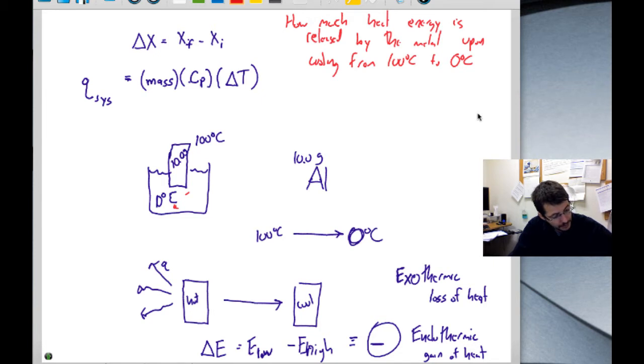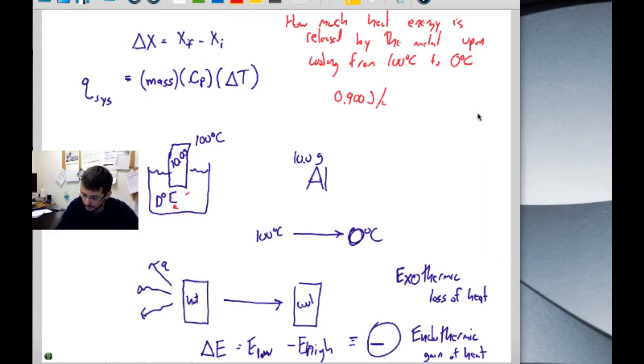We can look up in our table the heat capacity of aluminum, and we see that the heat capacity of aluminum is 0.900 joules per gram degree centigrade. That's the heat capacity for aluminum. And so we can use our heat equation.